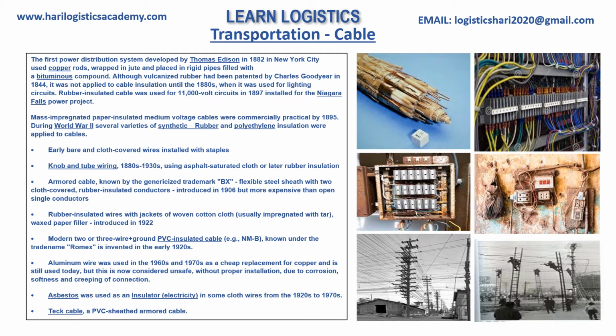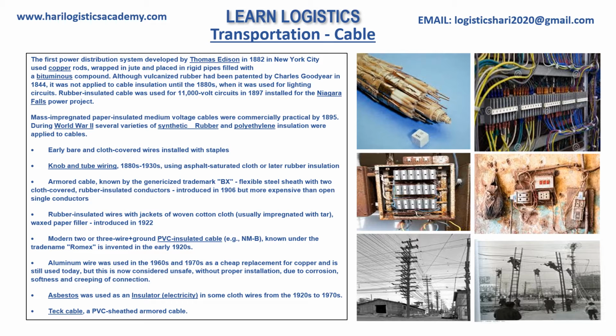The first power distribution system, developed by Thomas Edison in 1882 in New York City, used copper rods wrapped in jute and placed in rigid pipes filled with a bituminous compound. Although vulcanized rubber had been patented by Charles Goodyear in 1844, it was not applied to cable insulation until the 1880s, when it was used for lighting circuits.